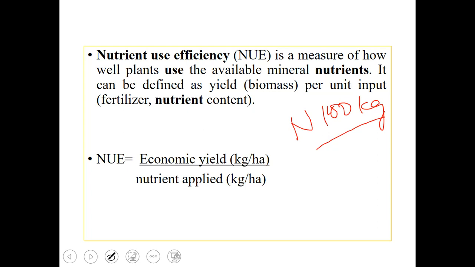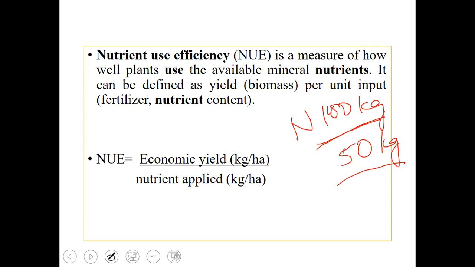If you take phosphorus, that will get attached to the clay mineral, or get immobilized, or be fixed by the microorganism. So there will be many losses other than uptake by the plant. If 100 kg of nitrogen is present, say only 50 kg is utilized by the plant, and the remaining 50 kg will go as a loss.